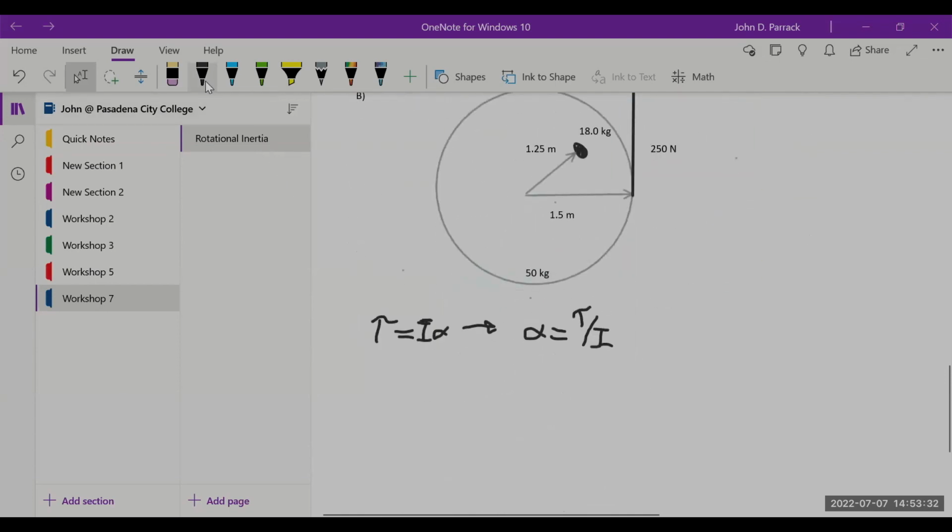I disk was 1/4 the mass of the merry-go-round, big M, times big R, the radius of the merry-go-round, squared. But what is the rotational inertia due to the child? We're going to say I child. Okay, so give that a go. Try to figure that one out.